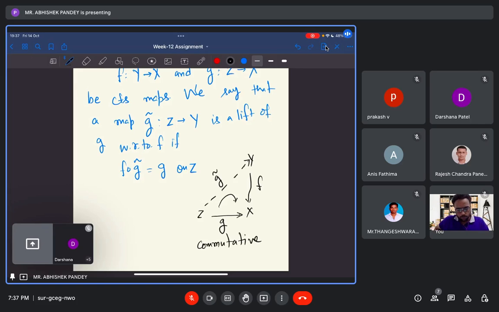You will say this g tilde is a lift of g via f, or with respect to f. This is the definition of a lift.